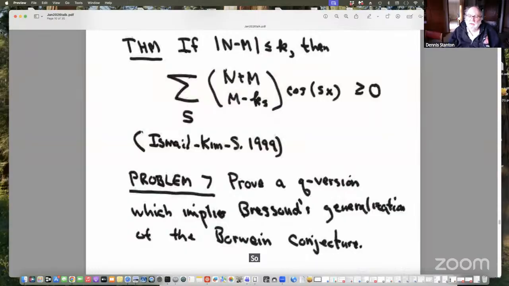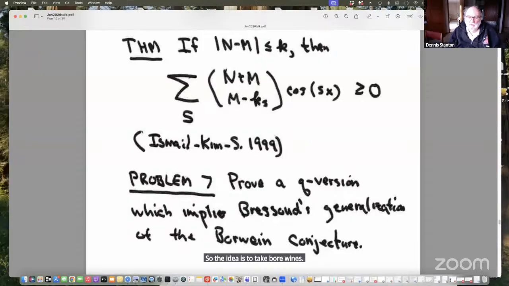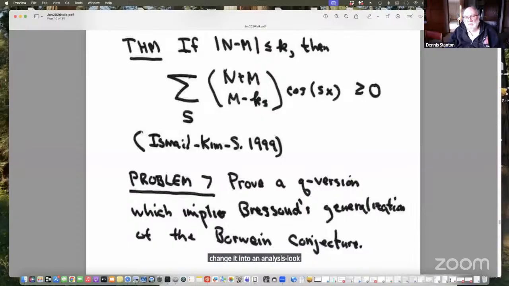So it implies Brissoud's generalization of the Borwein conjecture. So the idea is to take Borwein's conjecture, do a generalization of David Brissoud, change it into an analysis-looking problem, which would be this theorem.